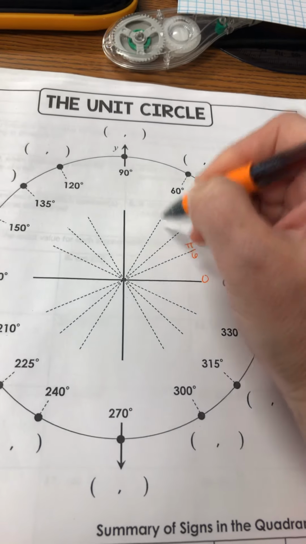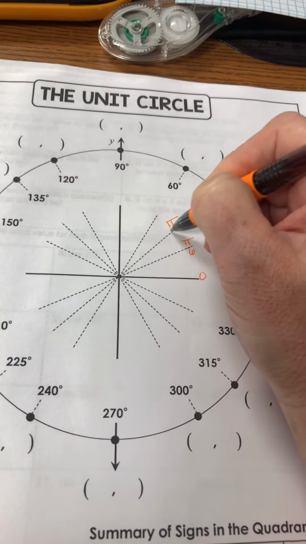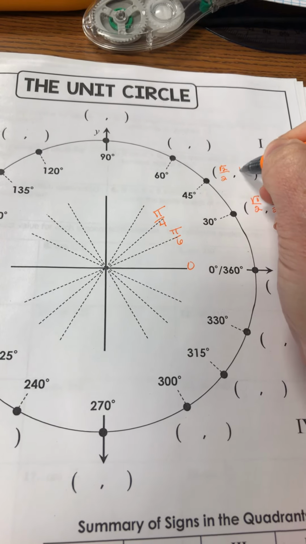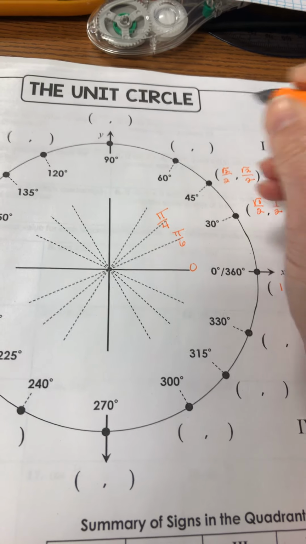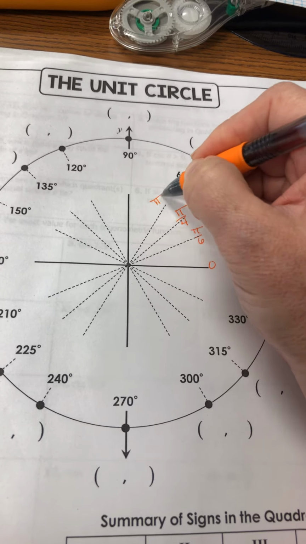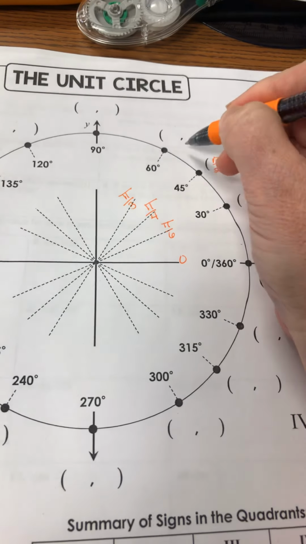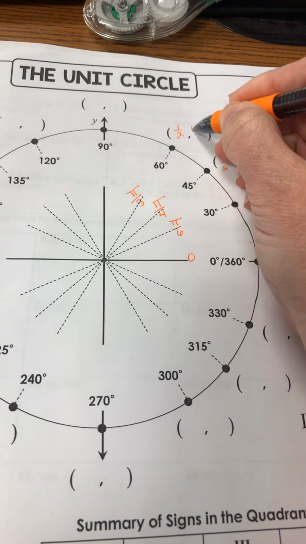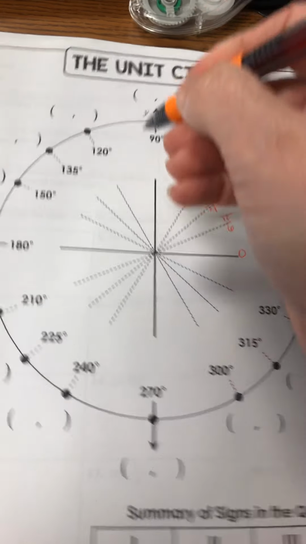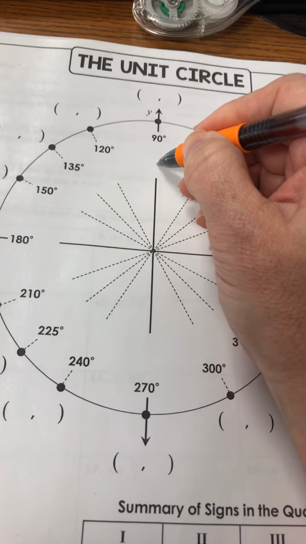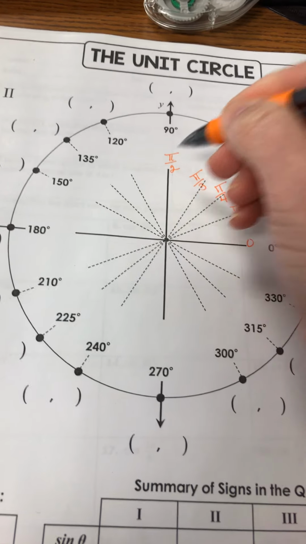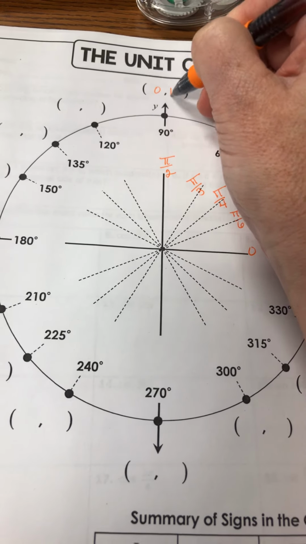For 45 degrees, that's pi over 4, and then we have the square root of 2 over 2 and the square root of 2 over 2. For 60 degrees, we have pi over 3, and that one's going to be 1/2 and the square root of 3 over 2. Then we did our 90 degrees, which we determined was pi over 2, and our ordered pair for this one is 0 and 1.